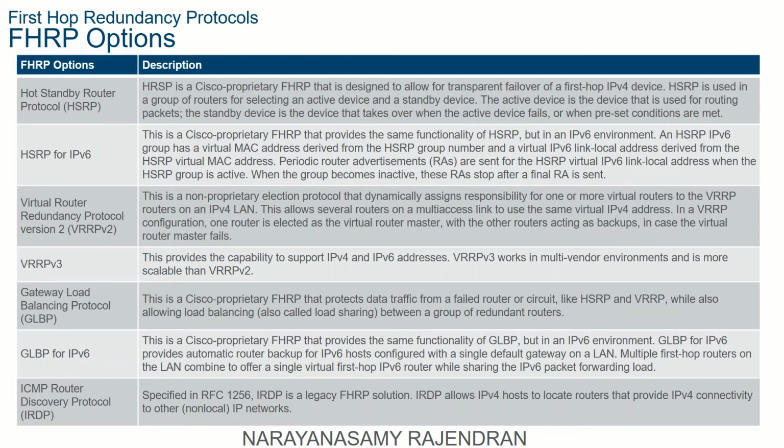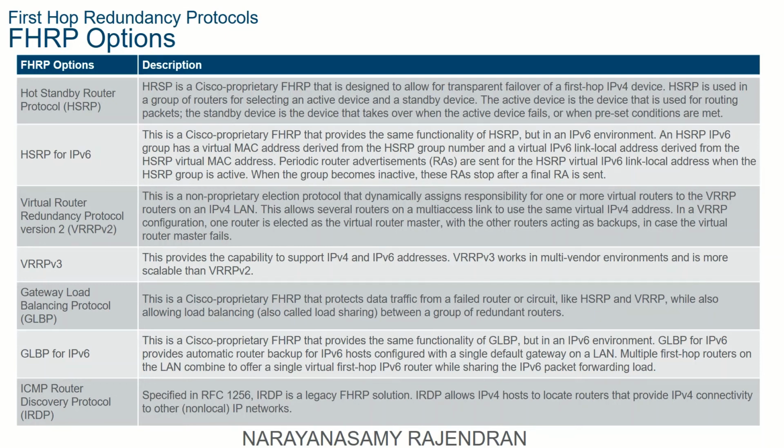The periodic router advertisements, that is RA, meaning router advertisement, are sent from the HSRP virtual IPv6 link local address. When the HSRP group is active, it will send this address. When the group becomes inactive, the router advertisement stops after a final router advertisement is sent. We will discuss HSRP in the next part of this module.